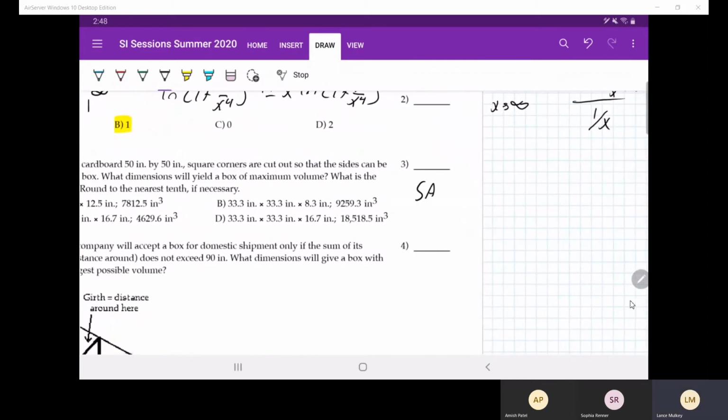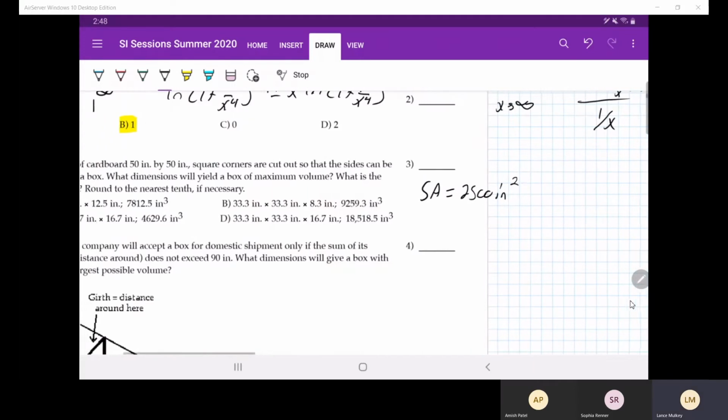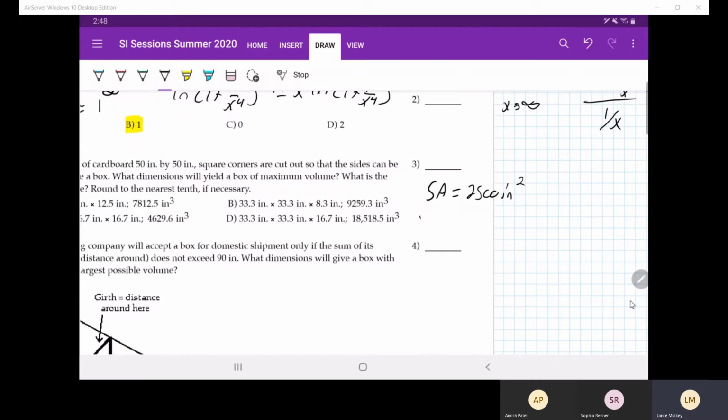We have surface area equals a squared, and that equals 2,500, which is squared. And then we have volume, which equals length times width times height.